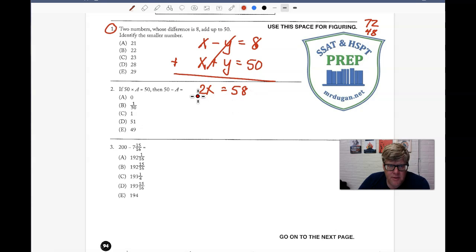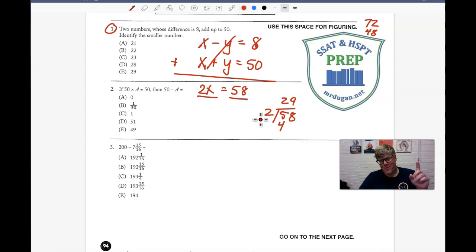All right, so then you just do your division. So 58 divided by 2 is what? 29. Okay. Now this is a tricky part because they asked you not, like, this is where the SAT gets hard, right? They didn't ask you for the bigger number, which is 29. See, we just solved for x.